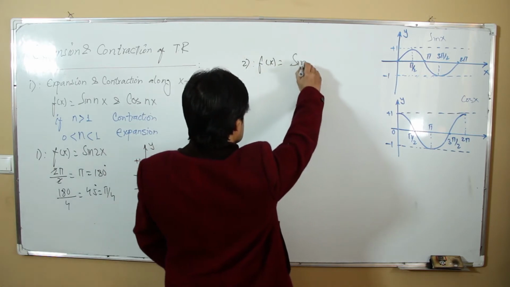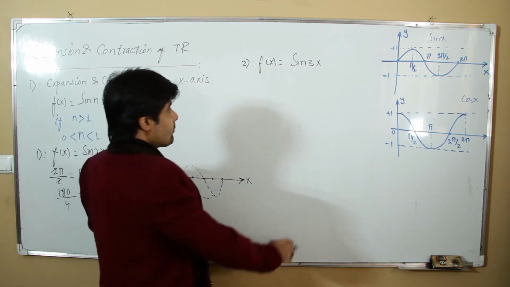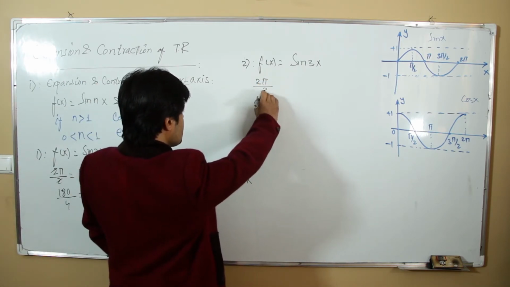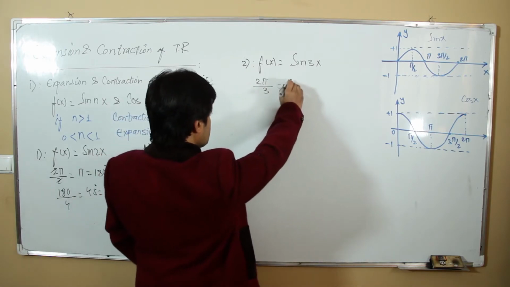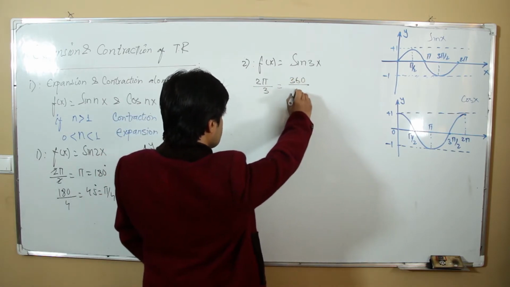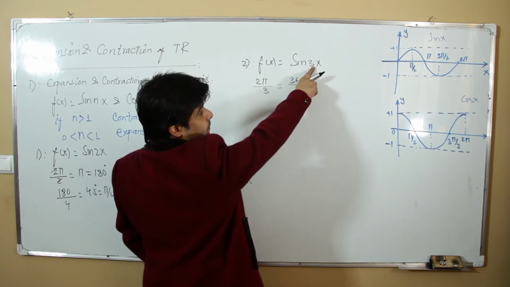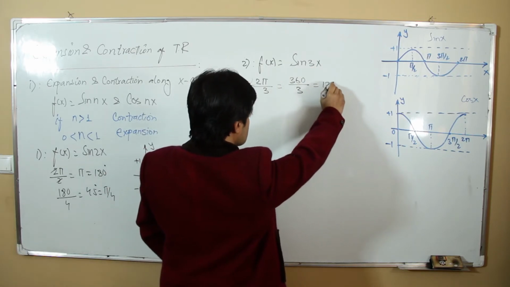f(x) = sine 3x. Now, how can you define it? First, we have to find the period. 2 pi divided by 3. This is our period. Or we can say 360 divided by 3, dividing by this n, this coefficient. 360 by 3 is 120 degrees.